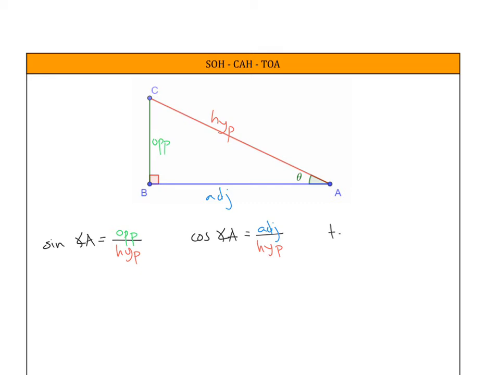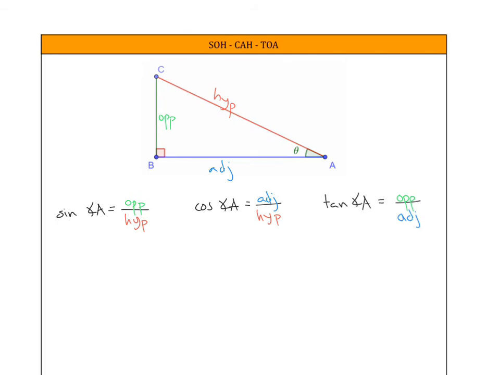And the one that we learned before is tangent of angle A is equal to the opposite leg divided by the adjacent leg.